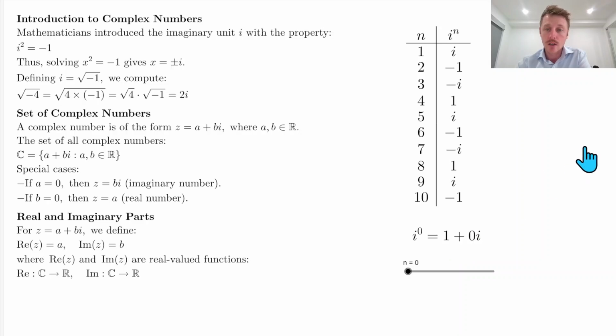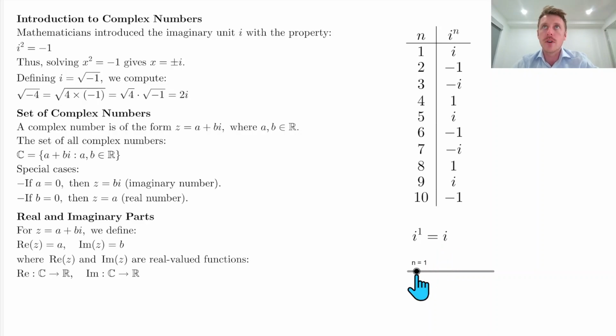Okay, so just over here, you'll see we've got this interesting table to explain. Basically, we're just going to look at the powers now, and it'll make more sense as we go through. If we take i to the power of 1, well, anything to the power of 1 is just itself. So if I set n to be 1, there we go, we can see that i to the power of 1 is just i.